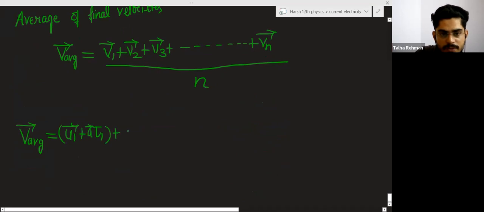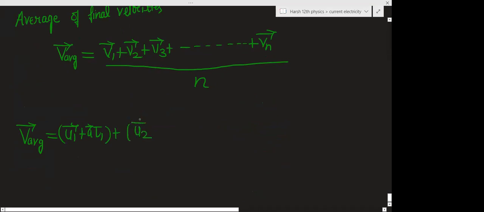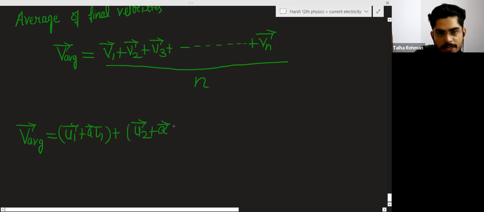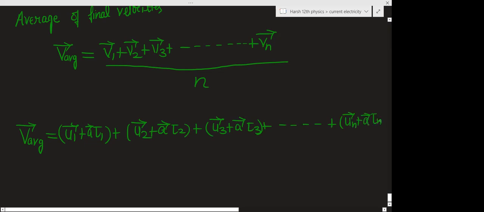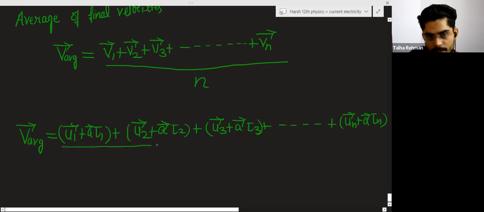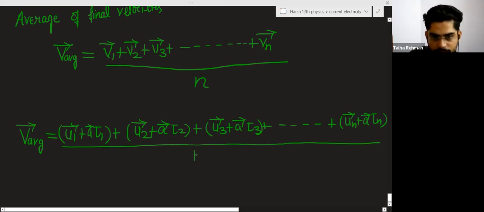V2 is equal to U2 plus A into tau 2, and V3 is U3 plus A into tau 3, and so on, up to Un plus A into tau n, all divided by n. I have written this in this form.